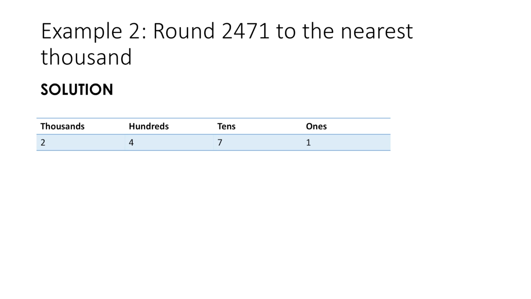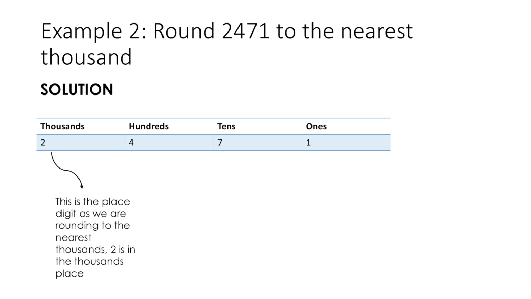Since we are rounding to the nearest thousand, we are focusing on the thousands digit, which is 2. So that's our place digit.